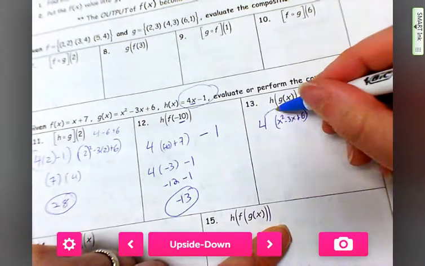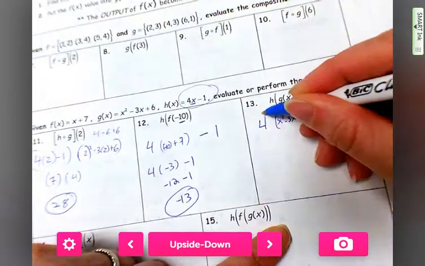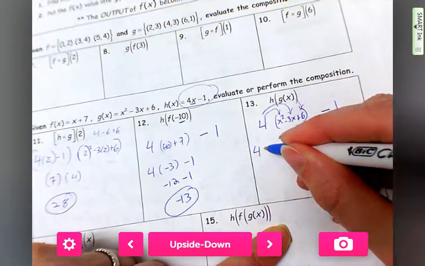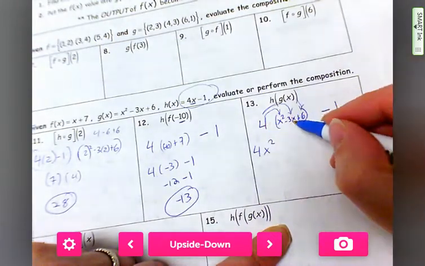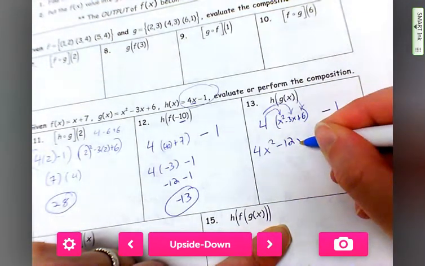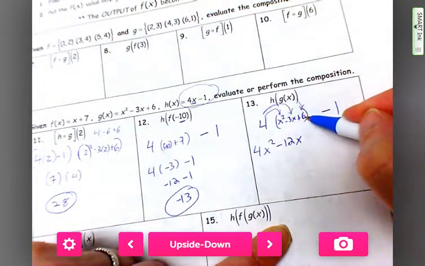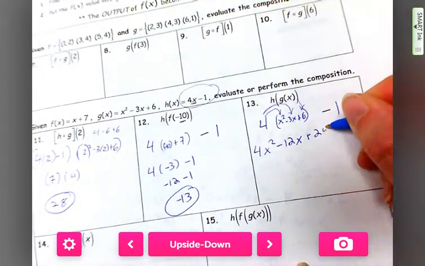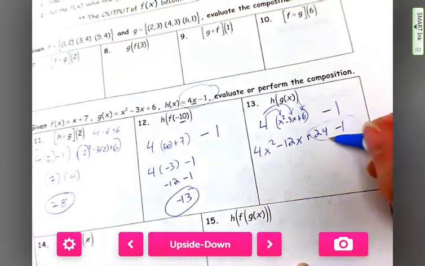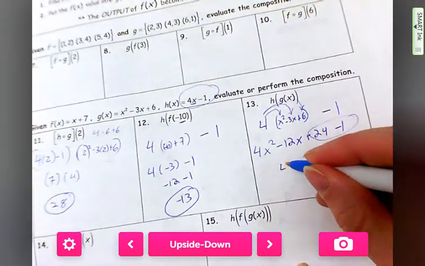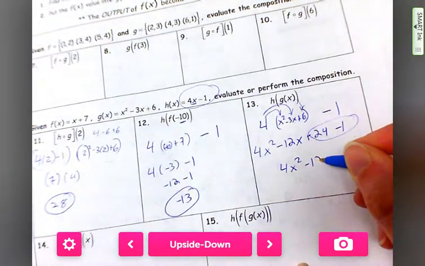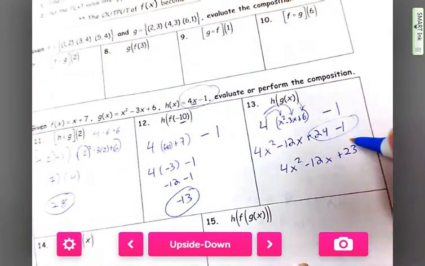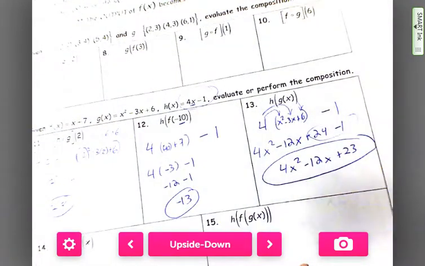Now I'm going to distribute my 4. 4 times x squared is 4x squared. 4 times negative 3 is negative 12x. 4 times 6 is 24. Minus 1, so these two are like terms, I can put them together. 4x squared minus 12x plus 23. I'm done.